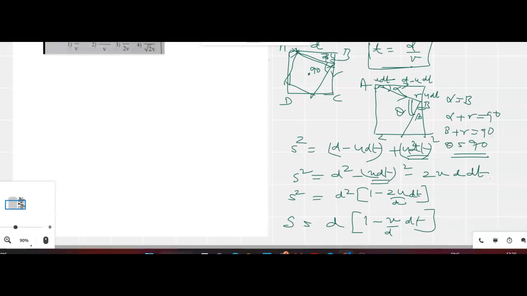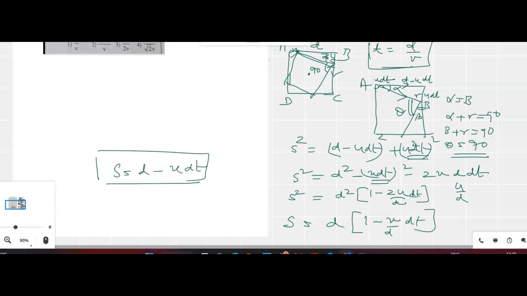Because u by d is less than 1, we can use the binomial expansion, and we get s is equal to d minus u dt.